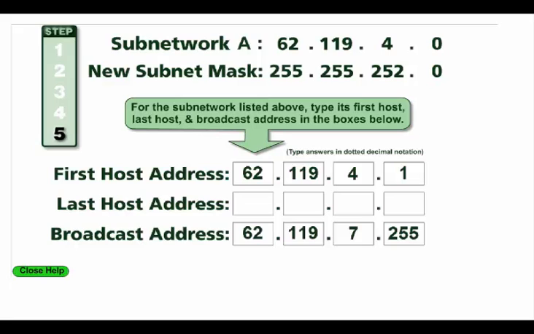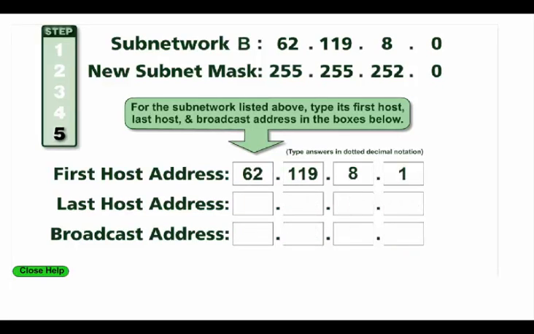Now that we know subnetwork A's broadcast address is 62.119.7.255, we can also calculate the last host address for subnetwork A, which is 1 less than its broadcast address, making the last host address 62.119.7.254. To calculate subnet B's broadcast address, subtract 1 from subnetwork C's address.